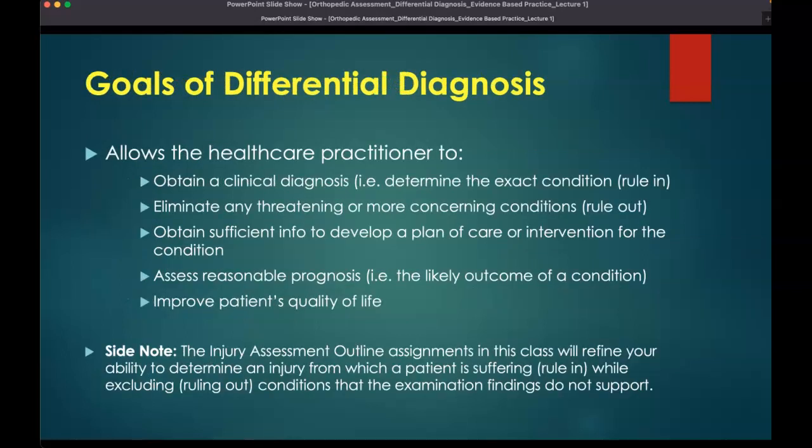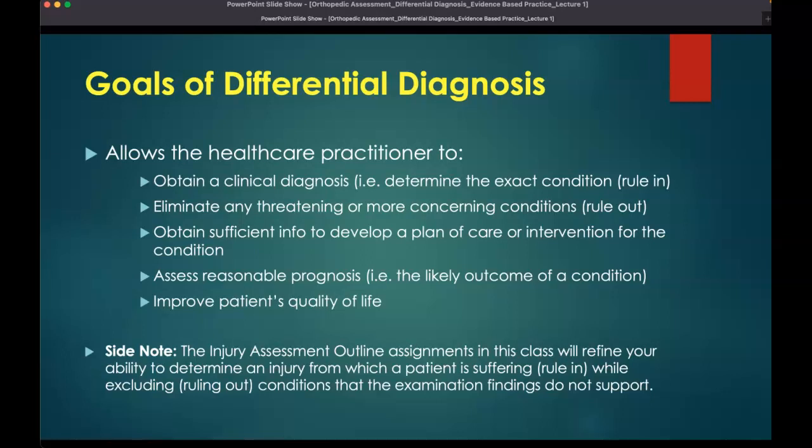What are the goals of differential diagnosis? If you're a healthcare practitioner, why do we keep saying this across each class, at least evaluation class? The ultimate goal is for us to get to clinical diagnosis, to name the actual pathology. That's the process of ruling in. The other is to eliminate any life-threatening conditions. That's the process of ruling out, right?